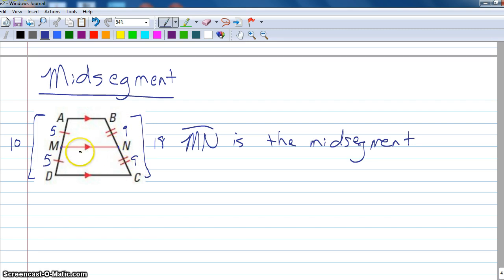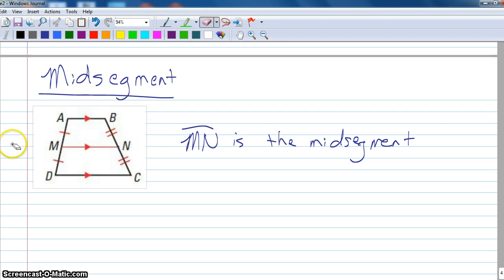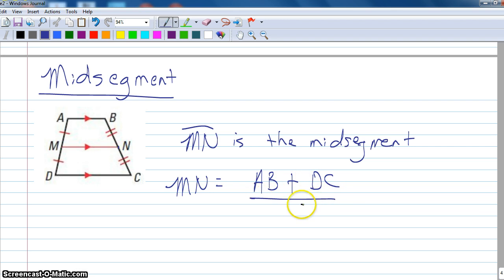And how do you find this mid segment? It's pretty easy actually. Let me erase these numbers so they're not in the way. To find MN, you're going to add whatever AB is plus whatever DC is and divide by 2.